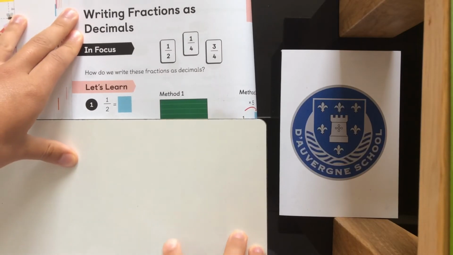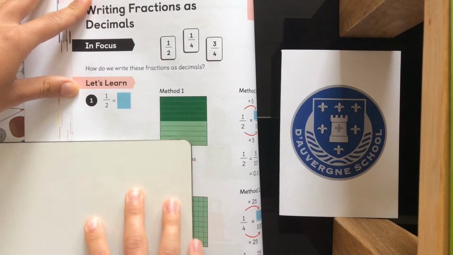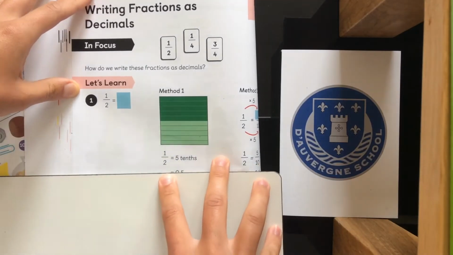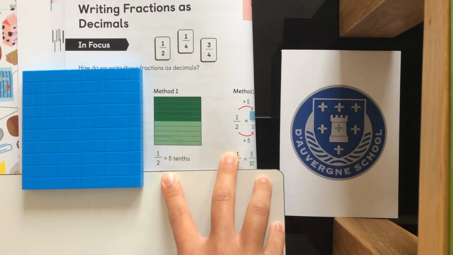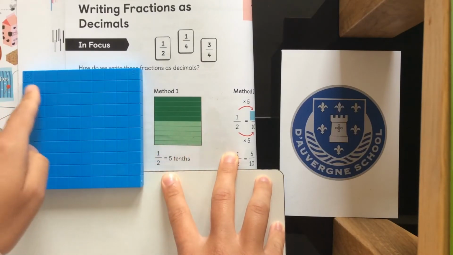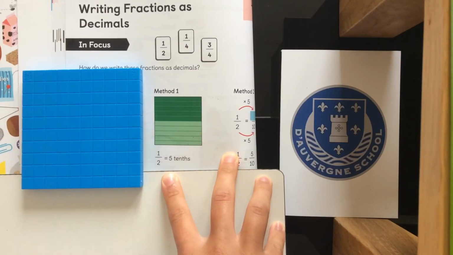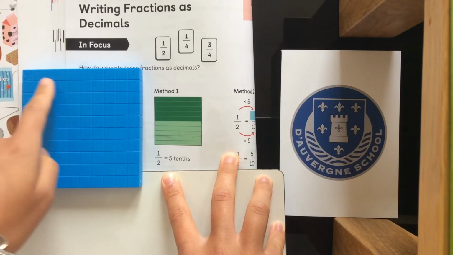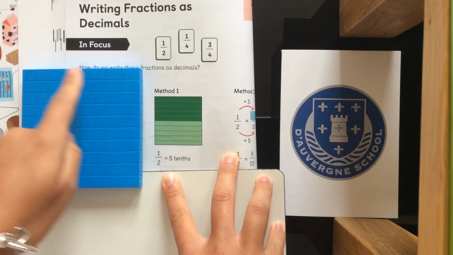Okay, let's have a look at our let's learn. So, 1/2 is equal to what as a decimal? We have method 1, where they've used a 100 square and they've coloured in 5 rows. 1, 2, 3, 4, 5. We know that on a 100 square a whole row equals 10.